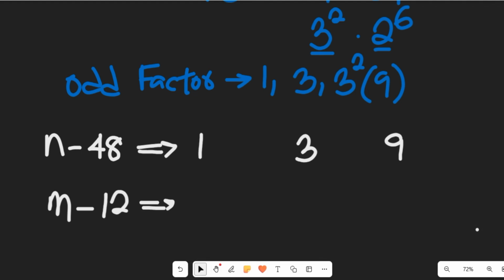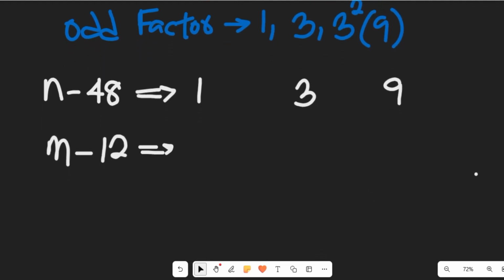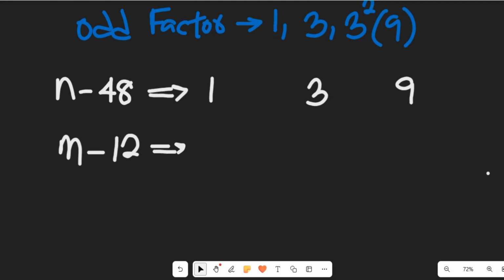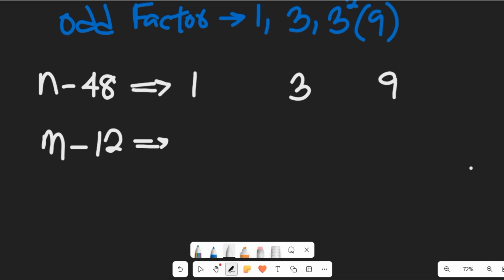If we check the other numbers for m minus 12, we see 576 divided by 1. 576 divided by 1 will still give us 576. So the other number here will be 576. Now if we divide 576 by 3, it will give us 192.